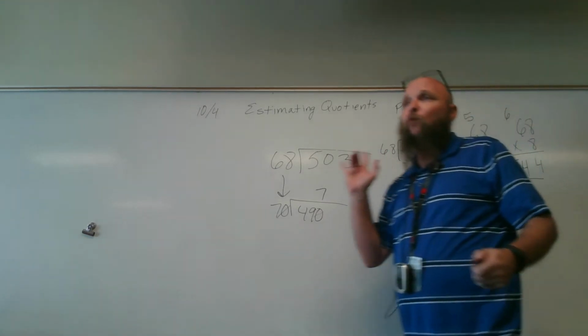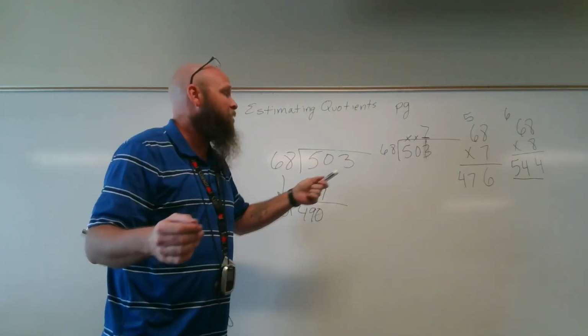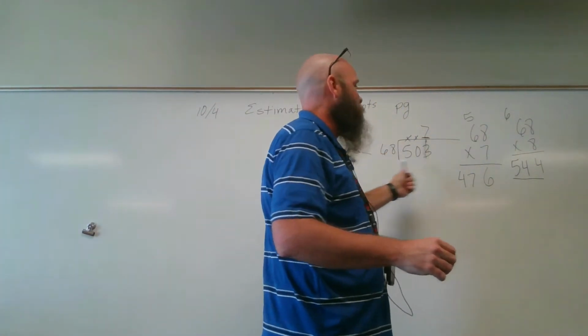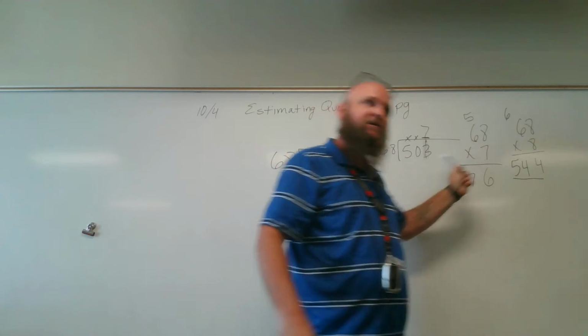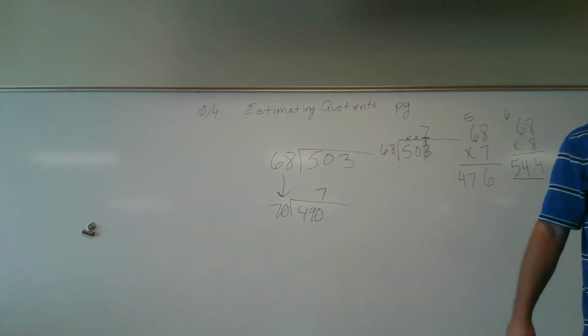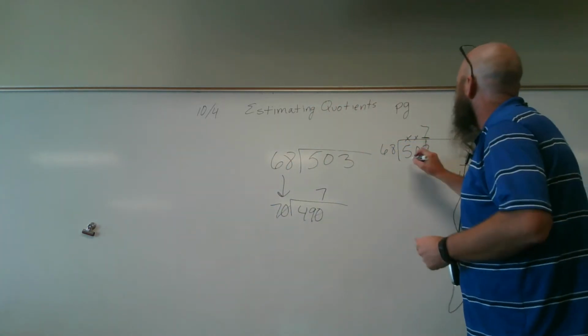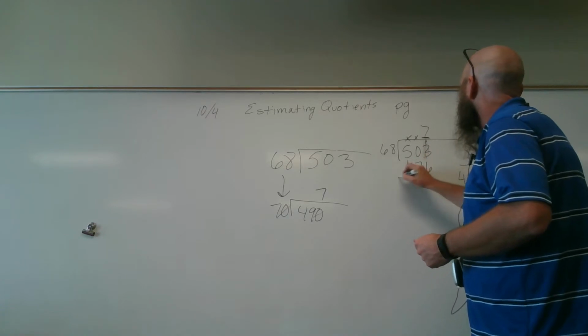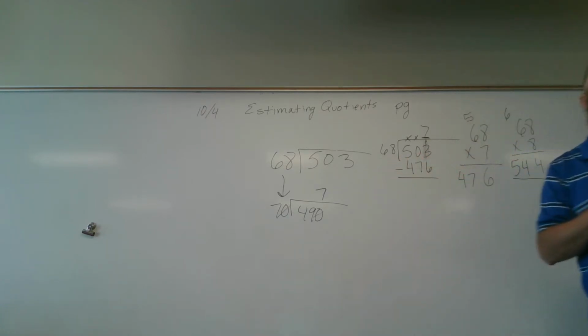So I would leave that work on my paper, Molly, because now I already know what 7 times 68 is. If I erased it, then I'd have to work it all out again to see if it's 476. And that would be bad. That would be just absolutely ridiculous. I don't want to have to do more work than I have to do already.